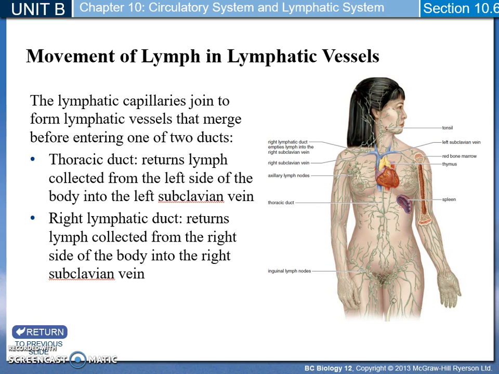So that's from the left side. Then on the right side, we have the right lymphatic duct, and that returns lymph collected from the right side of the body into the right subclavian vein. And then the right and left subclavian veins both drain into the superior vena cava.